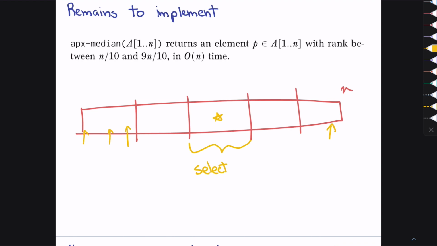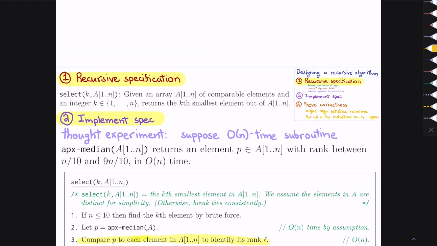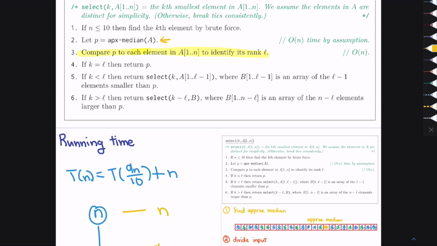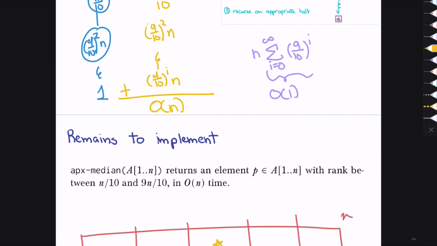Okay, so at some level, this could reduce to another select problem, right? This is going to be some whatever the number is, and this is looking at your middle chunk. If you plop this back into here, your approximate median is actually reducing to another call to select, with 20% of the elements.